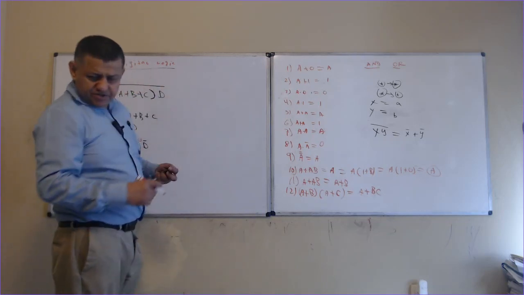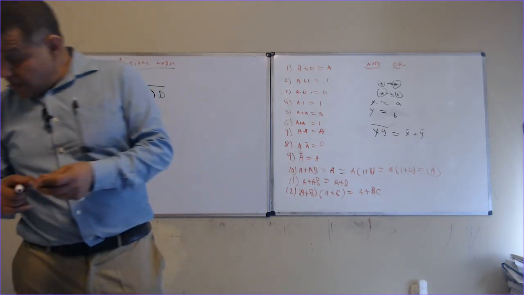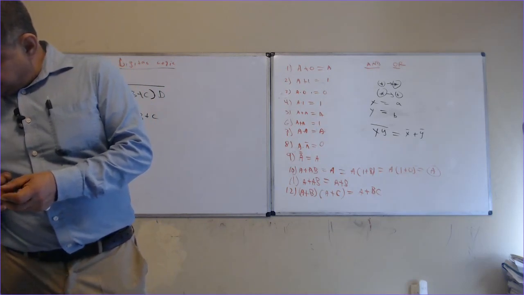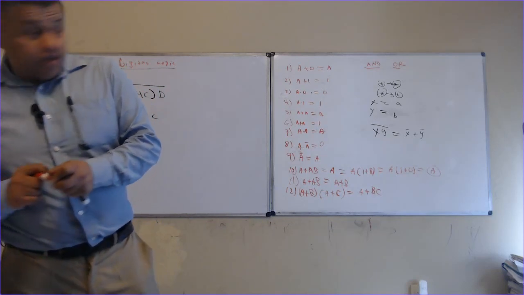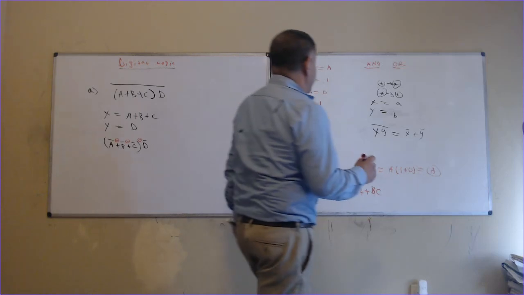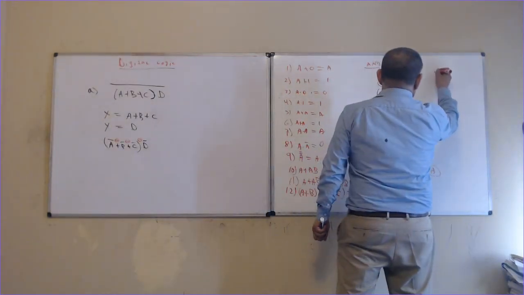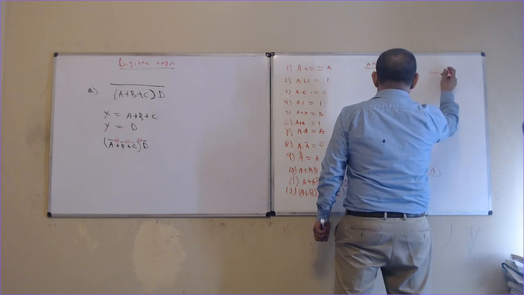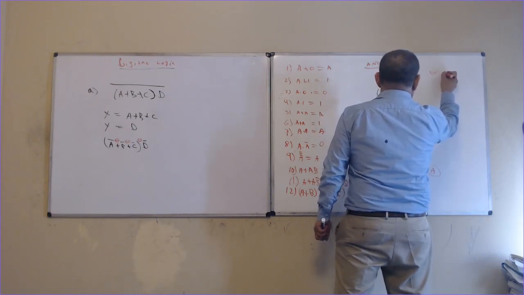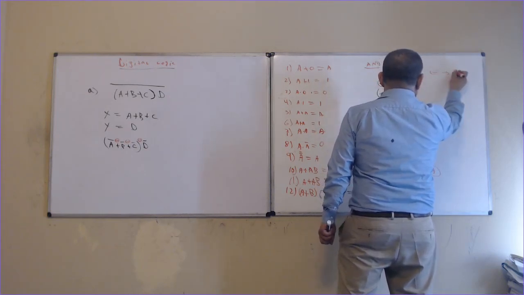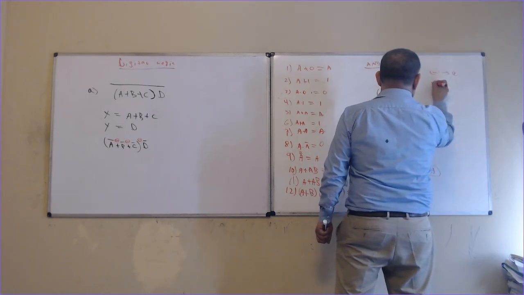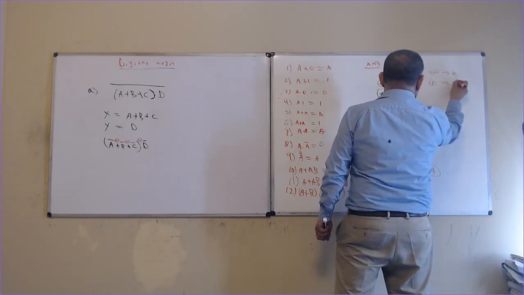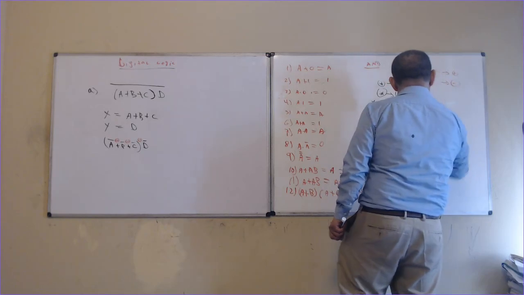I'm saying that it's plus. So this is another thing to consider: if you have a minus, it becomes a plus. If you have a plus, it becomes a minus.